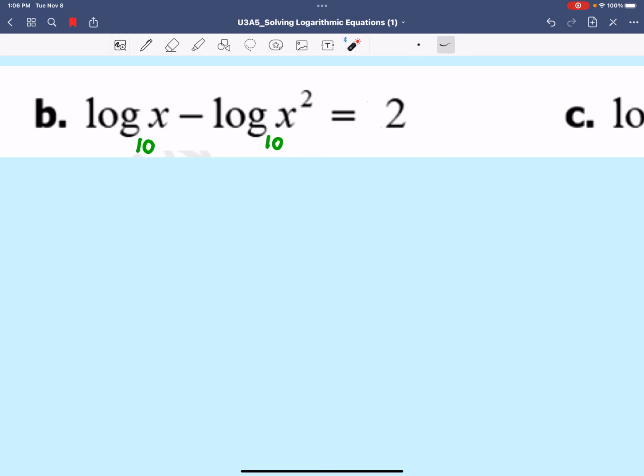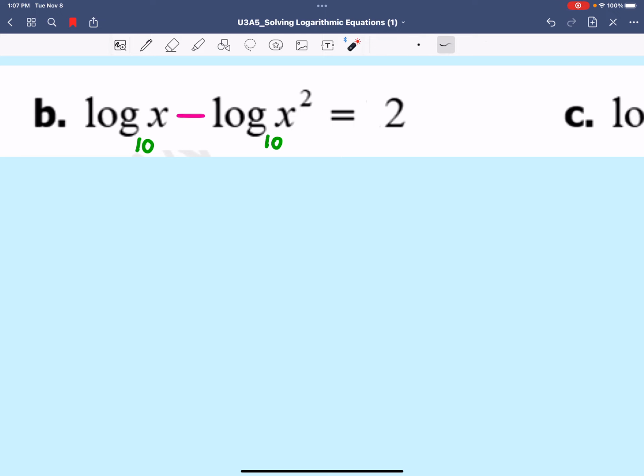If this happens in any log equation, what you want to do is bring all the log terms to one side of the equation and leave all the numbers, or the constant terms, or the regular terms, to the other side. So in our case, we have all the log terms on one side and the constant number on the other side, so we can proceed with the next step, which is combining the terms.